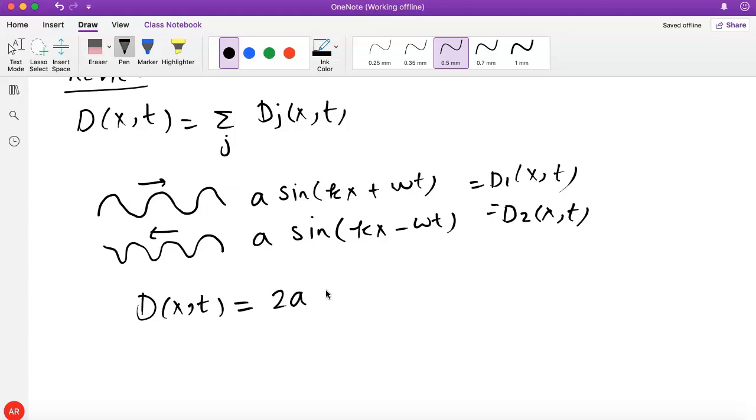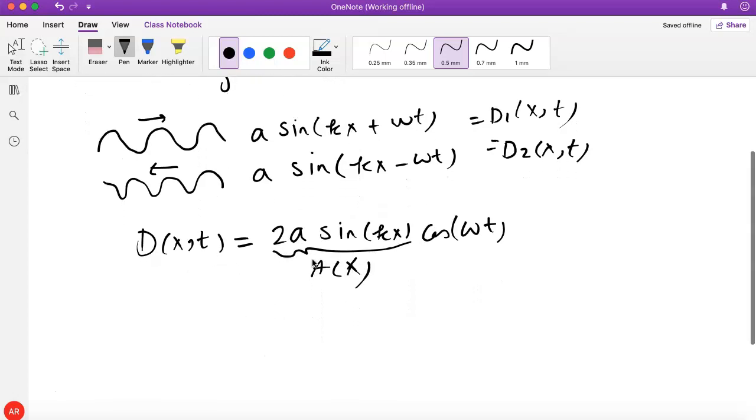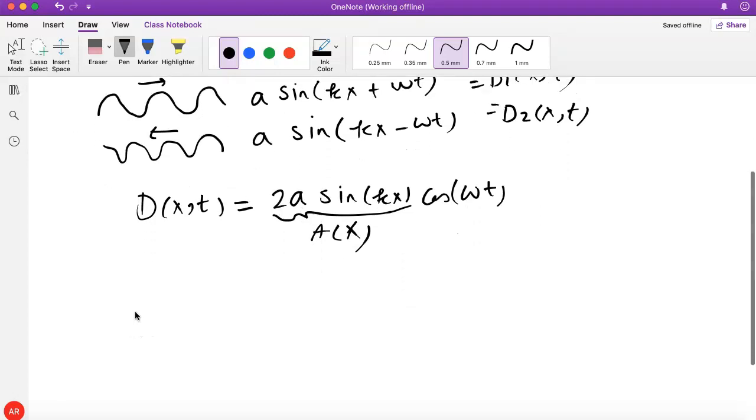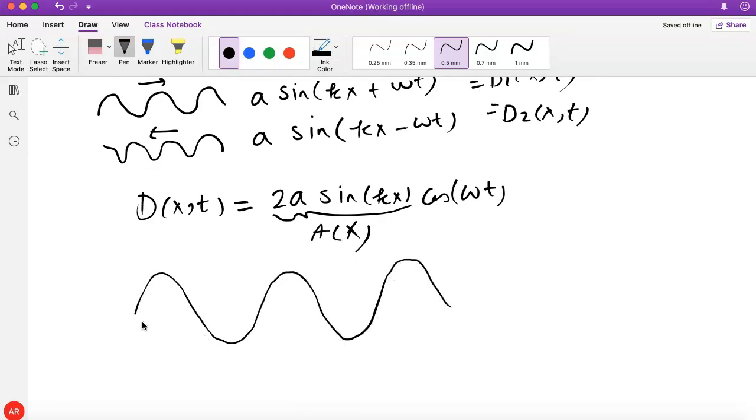2a sine kx cosine omega t. So this sine kx is a position-dependent amplitude. What happens is we see a product of a function of position, and then it multiplies this cosine that goes between 0 and 1.